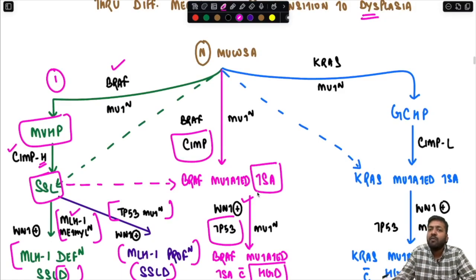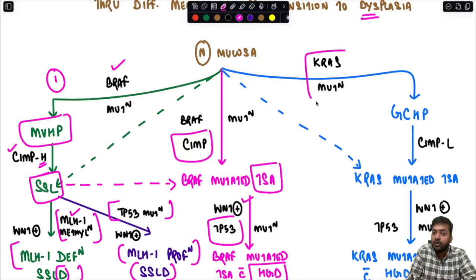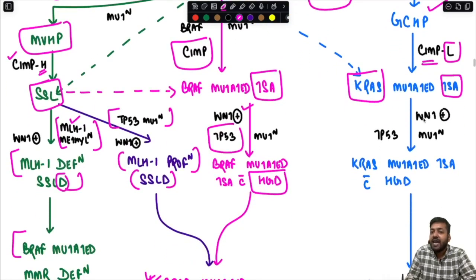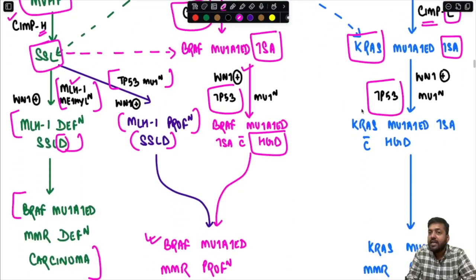Now another group of mutations can occur, that is the KRAS mutation, which can give rise to a goblet cell hyperplastic polyp, which can have a CpG island methylator phenotype, low type, a low risk variety. This gives rise to a KRAS mutated TSA, or traditional serrated adenoma, which can undergo TP53 mutation leading to WNT activation.